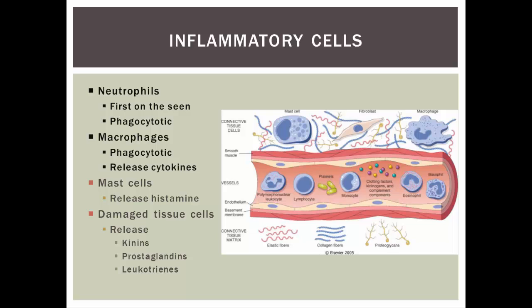They're also phagocytotic. They're going to release cytokines to help induce more inflammation and bring more cells to the area. Mast cells release histamine, again, vasodilation and increased permeability. And then the damaged tissue cells themselves will release kinins, the prostaglandins and leukotrienes, all increasing inflammation to the area.